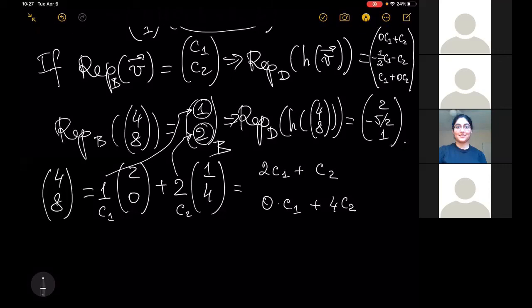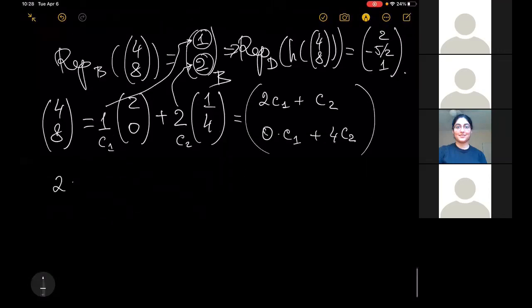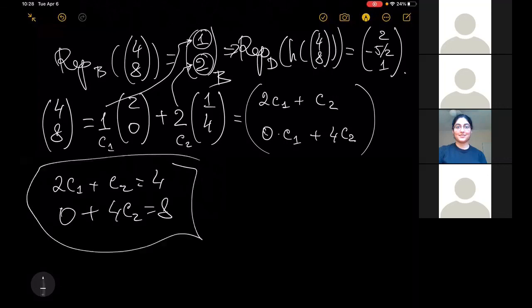Then you get 2C1 plus C2 equals 4, and 0 plus 4C2 equals 8. You can solve this system of linear equations for C1, C2, and you will get exactly 1 and 2. Clear? Yes, it's clear. Okay.